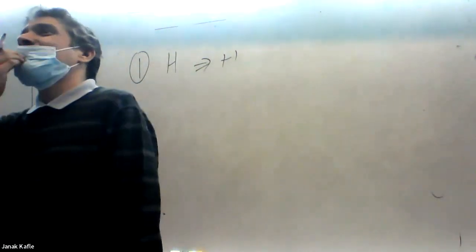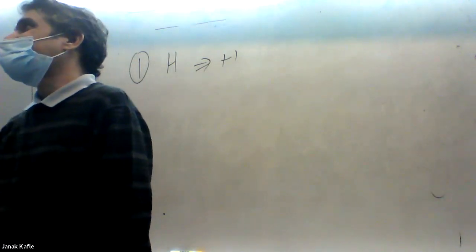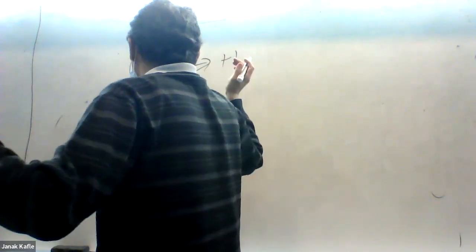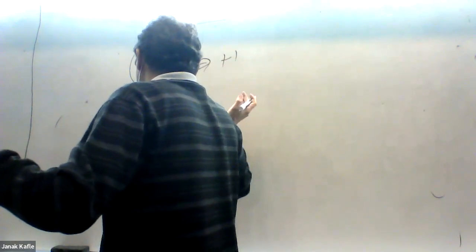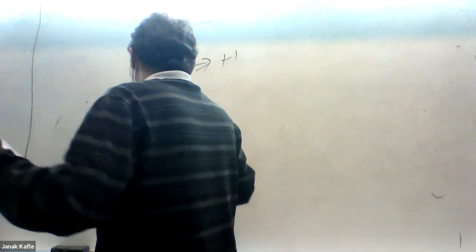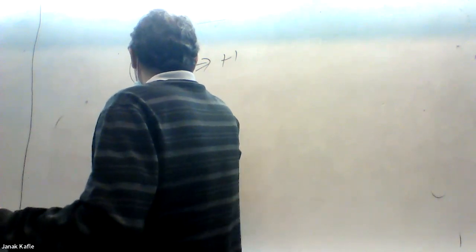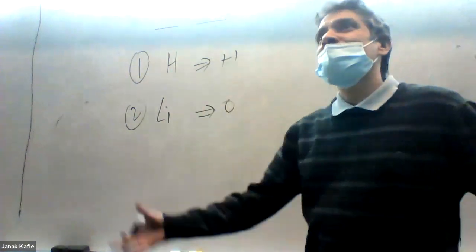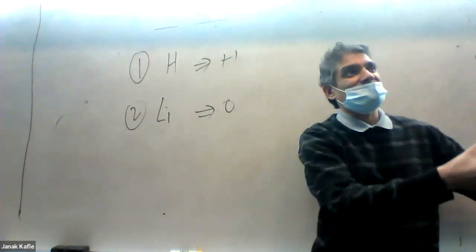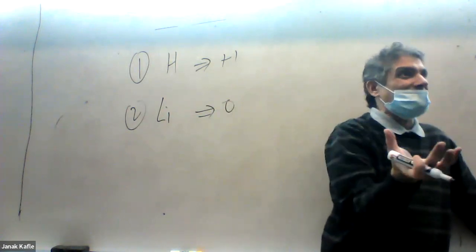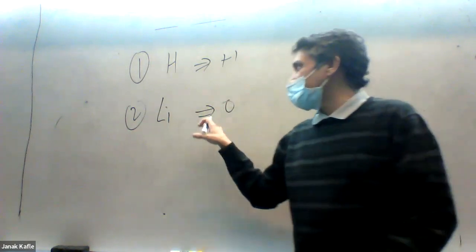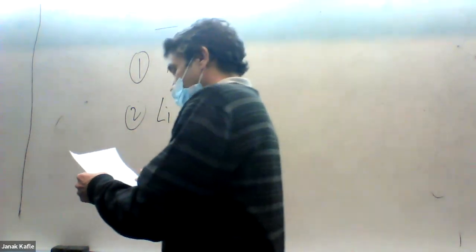H cannot have more than +1 oxidation state in our course here. If something is sitting alone and has not thrown out an electron or picked up an electron, just like Li, in this case we call the oxidation number 0. It's sitting there and doing nothing. It has not thrown an electron out. It's not combining with others. It's just sitting alone. In that case, the oxidation number is 0.